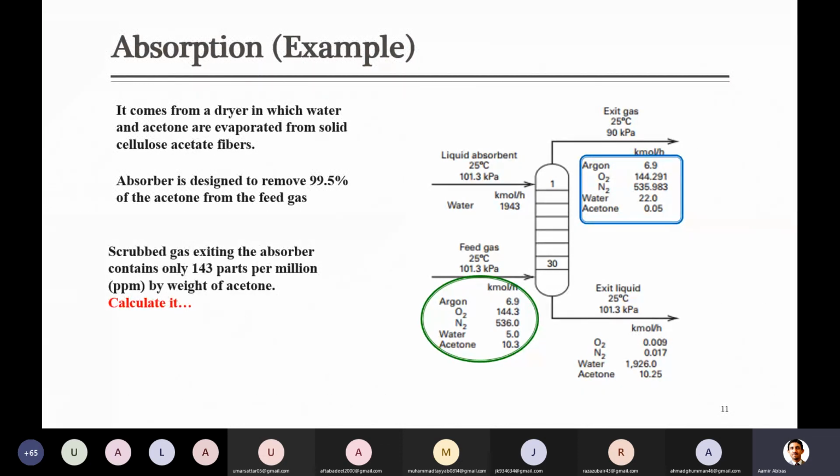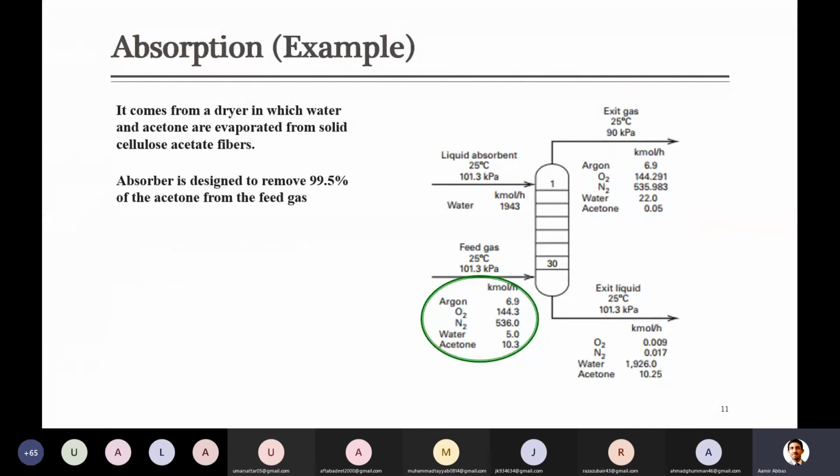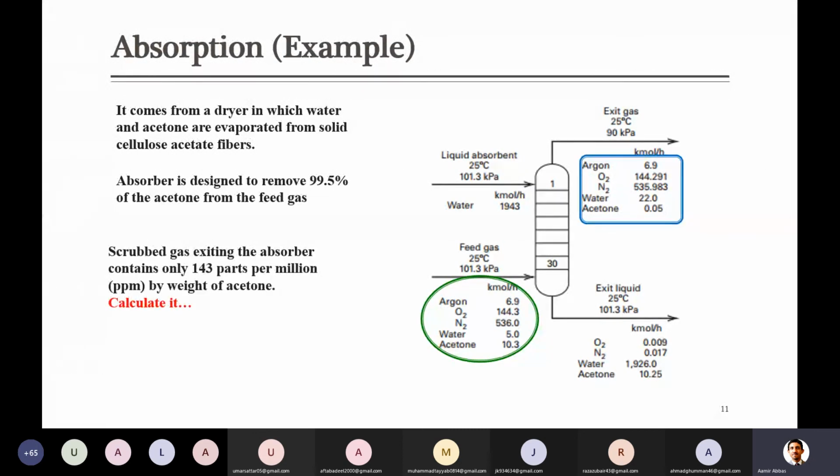When we are scrubbing this gas, usually scrubbing is like absorption, and most of the time this terminology, scrubbing, is used when you use water for the removal of some of the components. So here, because we are using water as absorbent, he said a scrubbed gas, the gas which came in contact with the water, and some of the species which were present in this have been removed.